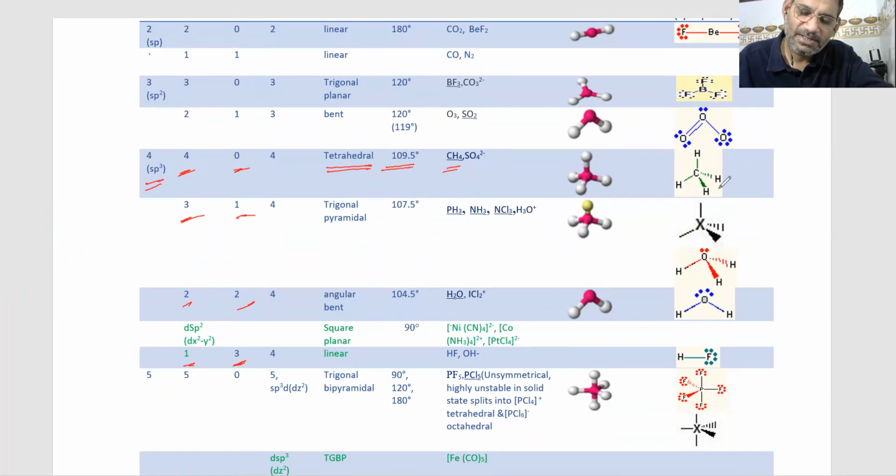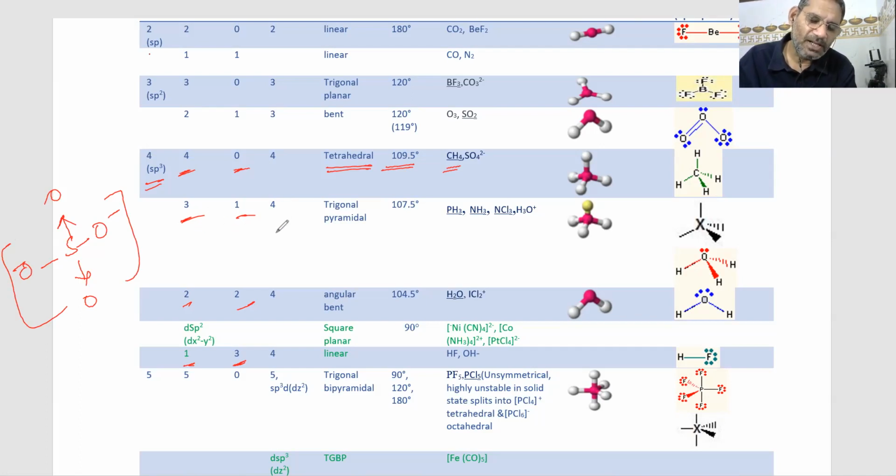It will be like this only, CH4. SO4 we also know about. This is SO4 2 minus. So now 3 plus 1. 3 plus 1 means 3 bond pairs and 1 lone pair. Total is 4. Shape will be trigonal pyramidal.